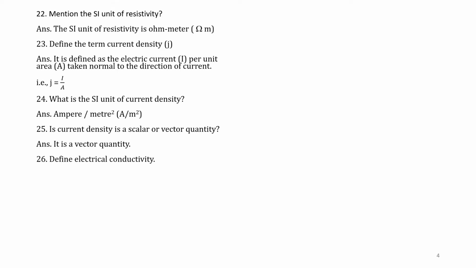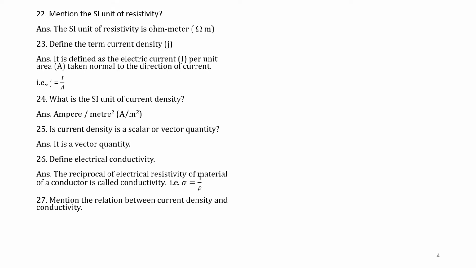Question number 26. Define electrical conductivity. Answer. The reciprocal of electrical resistivity of the material of a conductor is called conductivity. That is, sigma is equal to 1 over rho, where rho is the electrical resistivity. Sigma is the electrical conductivity. Question number 27.